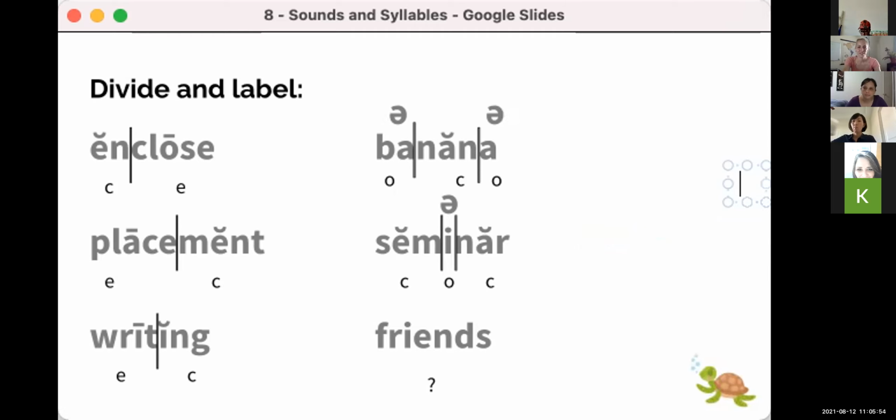Okay, so today we're talking. Question: in "writing", the E is silent, but it doesn't have an E right there. Because we have this ending, -ing, that changes the spelling of the word, right?